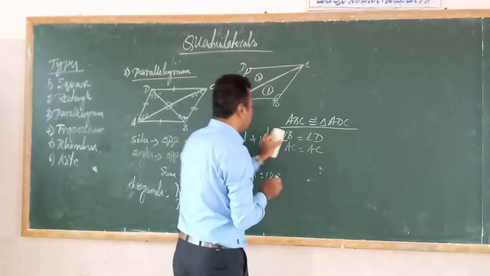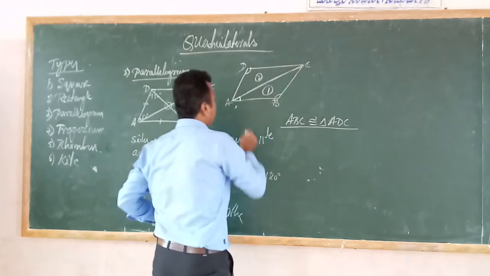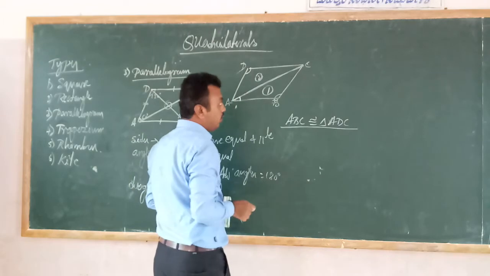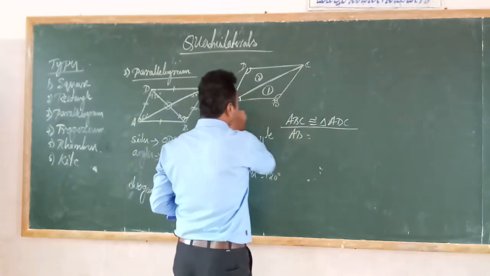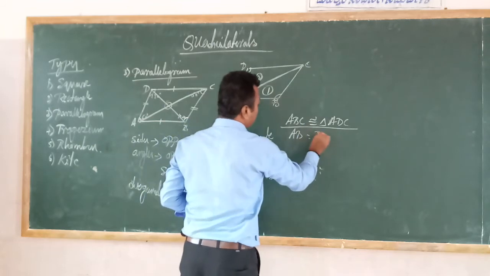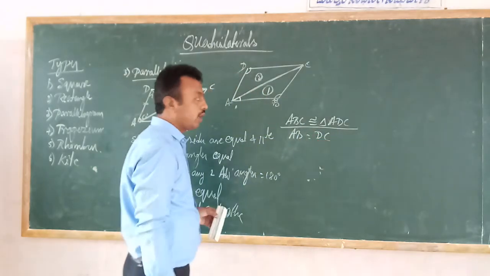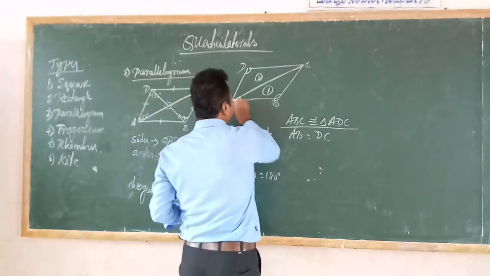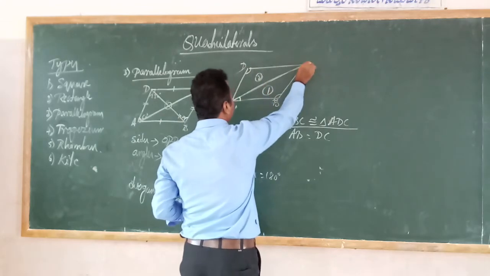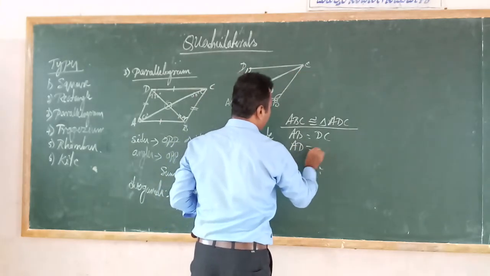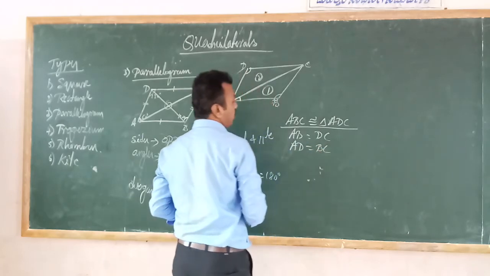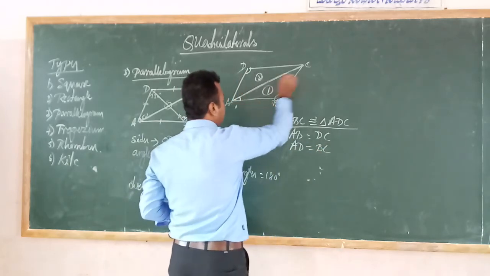Otherwise, if you don't consider angle B equal to angle D, the SAS condition does not come. That's why AB is equal to DC because opposite sides are equal in a parallelogram, and AC is equal to AC. Then AD is equal to BC, also because opposite sides are equal in a parallelogram, and AC is equal to AC.